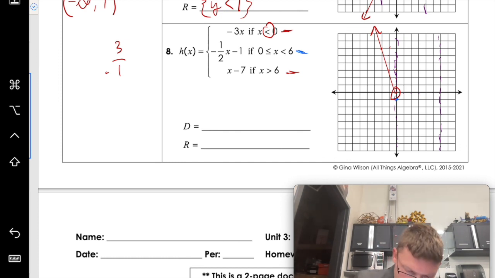I'm already looking at this, so I can even make this a closed dot, make it a nice big dot. Now our slope here is going to be down 1 over 2. So I'm going to go down 1 over 2, down 1 over 2. And then this sign right here means that this is going to be an open circle. So let's just connect those dots.